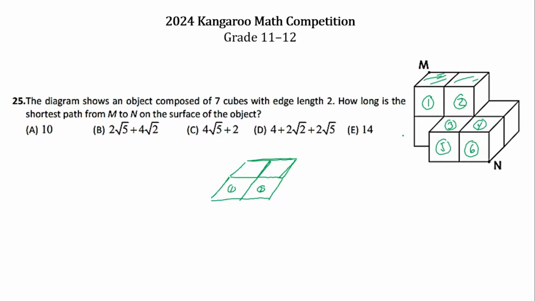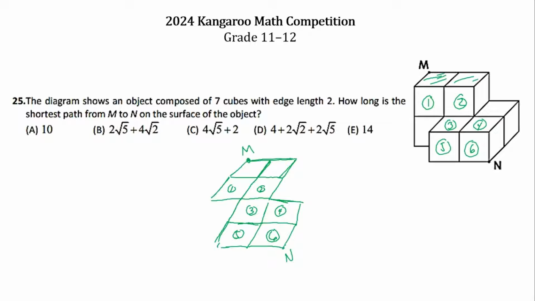And then 3. So this is 3. This one 4. This one 5, 6. Alright, so this is actually point M here. This one is N, point N.